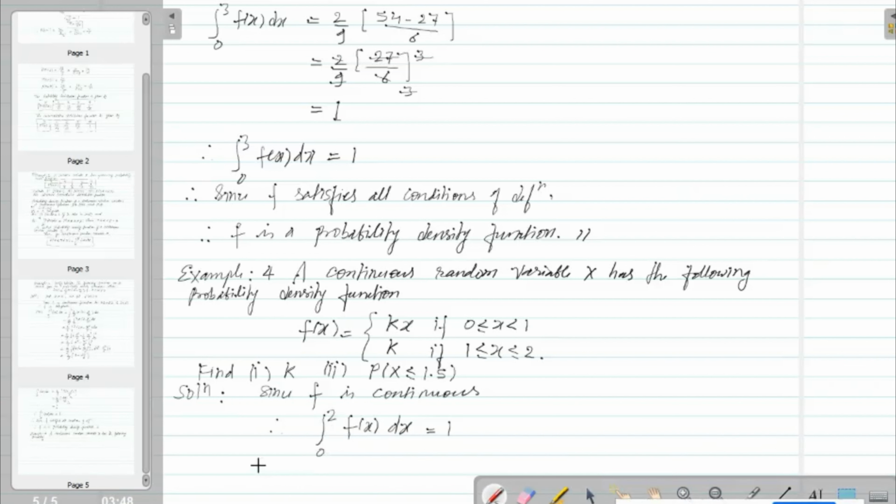Now we break this integration into two parts. First, the limit running from 0 to 1, f of x dx.